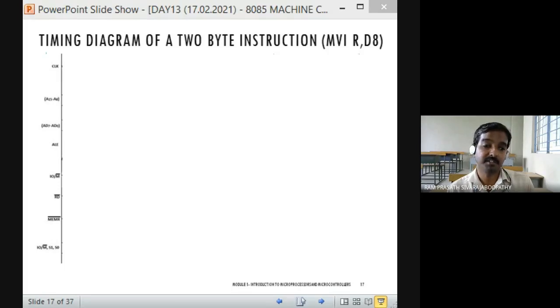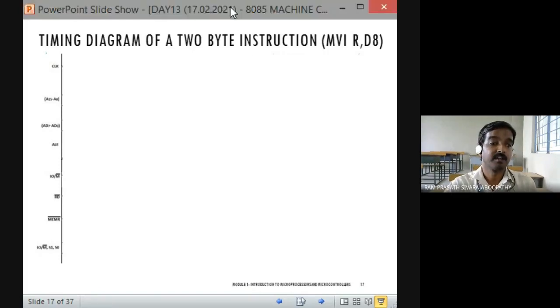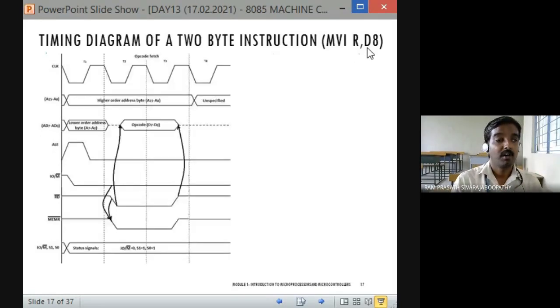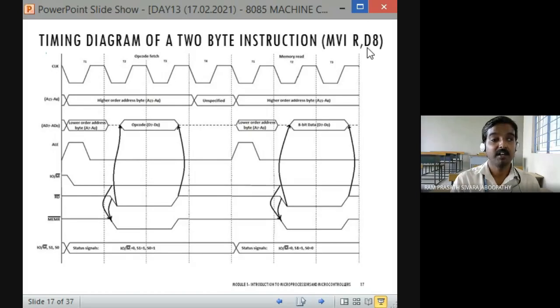An internal operation means it completes with no extra time, so it doesn't need any other cycles. Clear? So now you can realize, for executing the MVI R, D8 instruction, it needs the opcode fetch machine cycle, then the memory read machine cycle. These two machine cycles it needs. So totally it needs 4 plus 3, 7 T states to execute the instruction MVI A, 77H. Correct? Is it clear now?